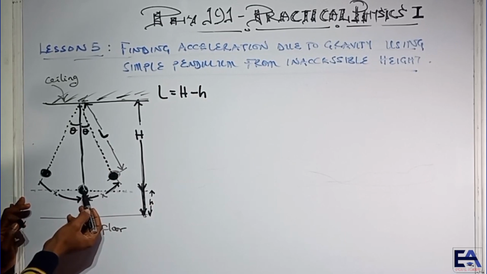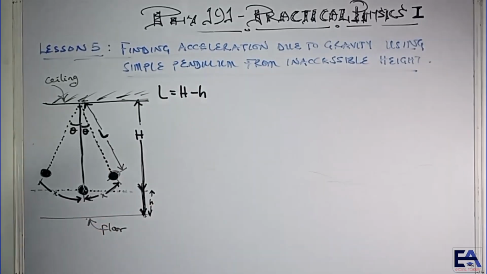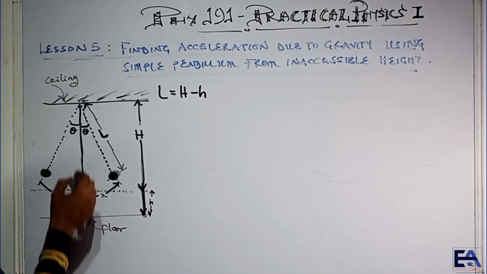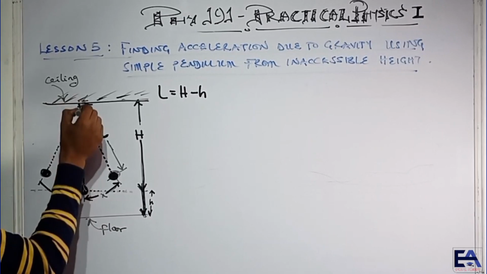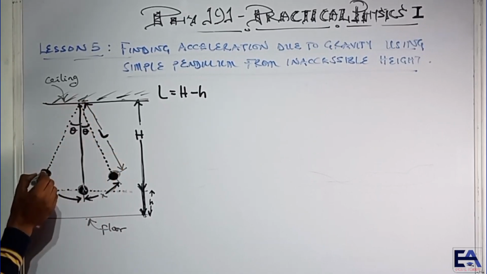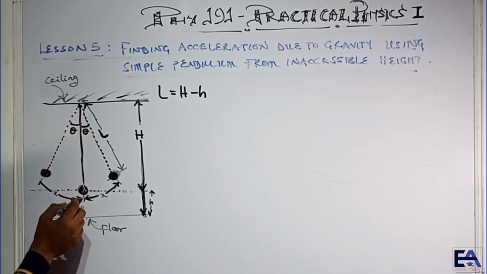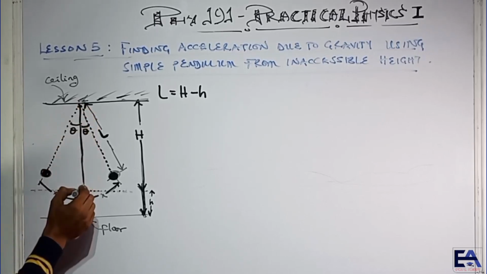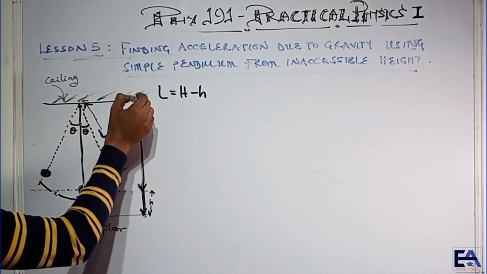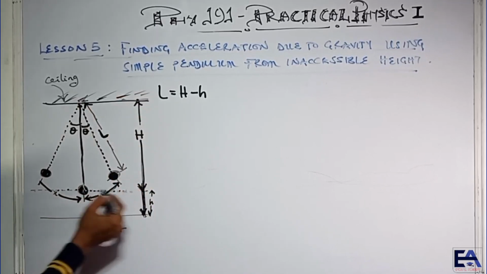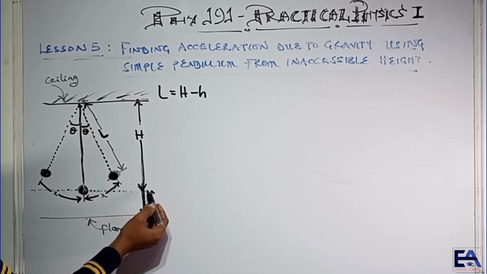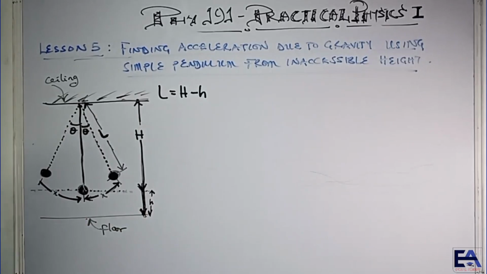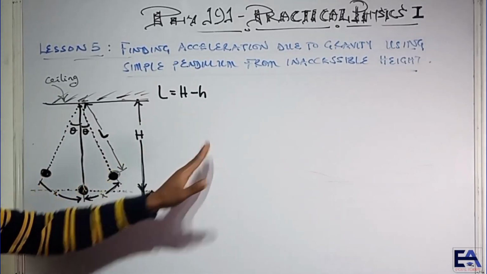So the length of this thread is the full height of the room minus the height of the point of suspension from the floor.